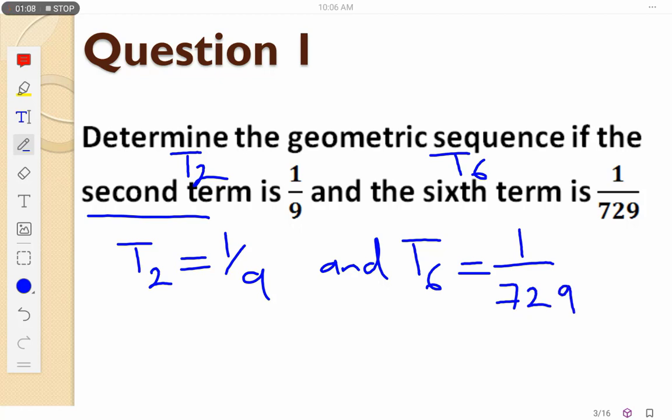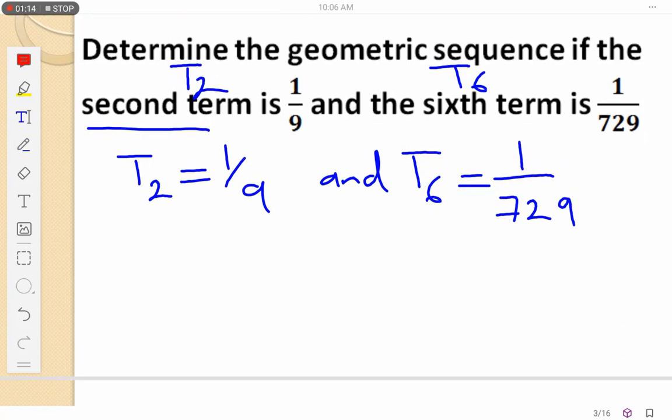Let's do that. If we use the nth term equation, Tn is equal to a r to the power of n minus 1, we can generate two equations which we can solve to find the first term a.